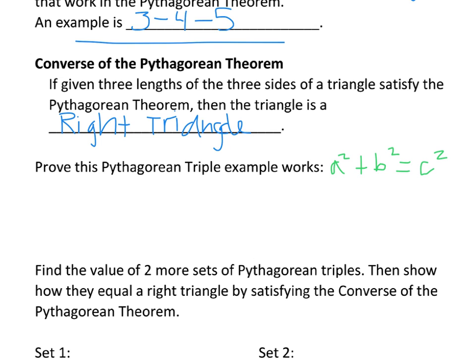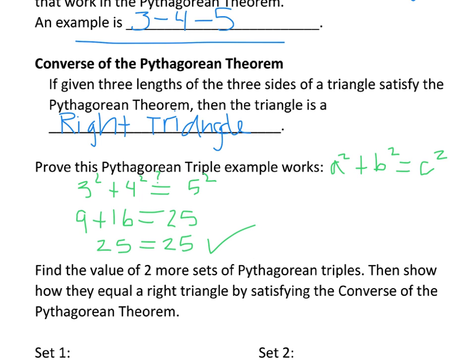That would be 3 squared plus 4 squared, and we're trying to figure out if that will equal 5 squared. 3 squared is 9 plus 16 equals 5 squared is 25. 9 plus 16 is 25, so 25 equals 25.